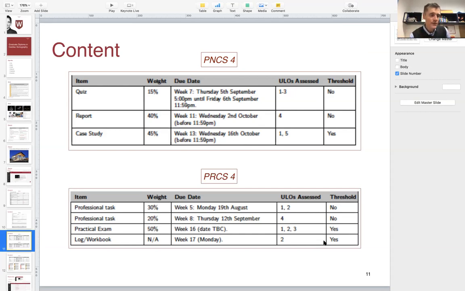Practice. There are two professional tasks. In essence, they're essentially the same kind of assessment item. You're submitting to me on both occasions images that you've acquired from a patient, but the content needs to be slightly different.